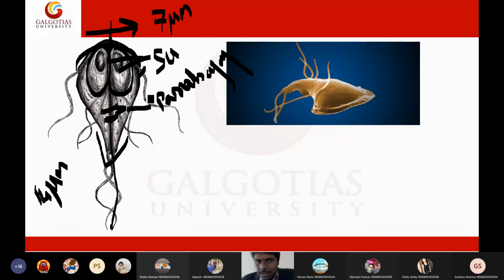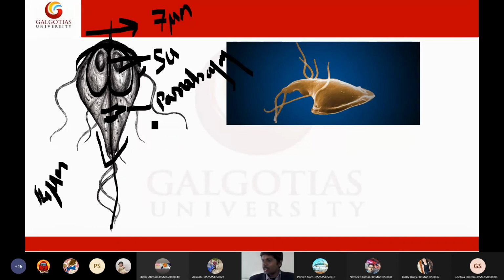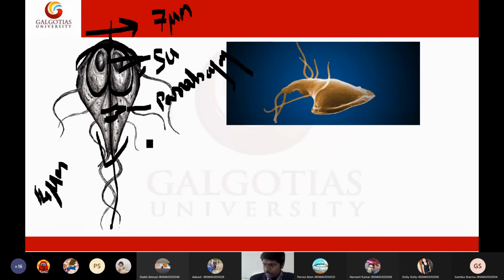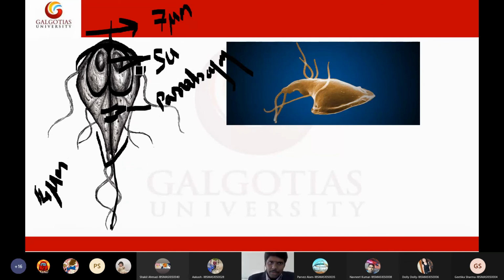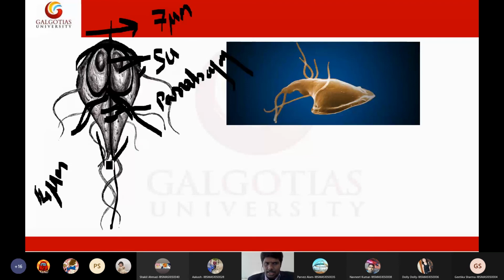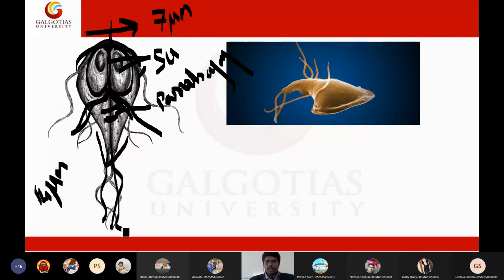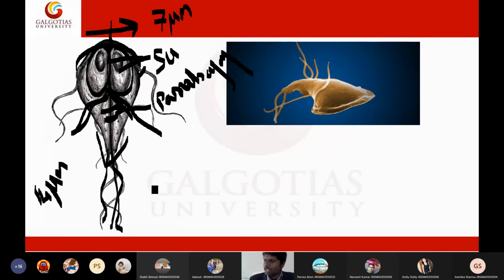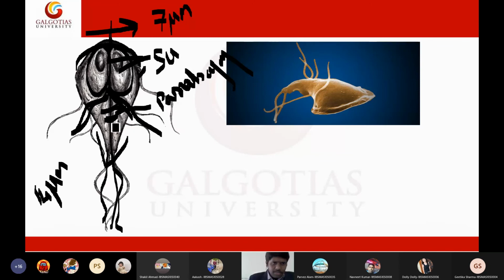Then it has the flagella. It has two types of flagella: from the sucking disc it has two flagella, and it also has two flagella in the posterior portion of the trophozoite.